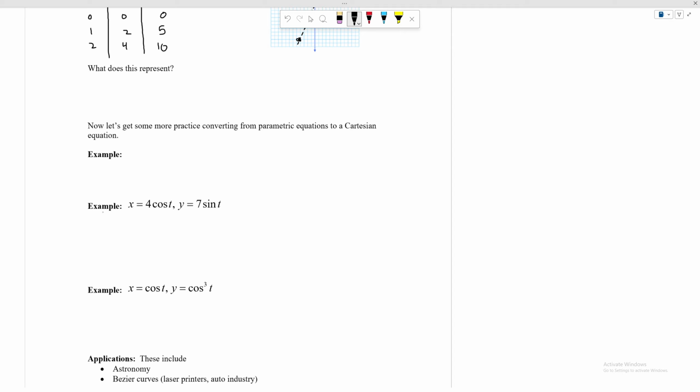So here, let's isolate for t. x equals 4 cos t, x divided by 4 equals cos t, and what I can say is cos inverse of x over 4 equals t. And now what I'm going to say is y equals 7 sine, I'm going to sub it in, of cos inverse of x over 4. And that's my Cartesian equation.